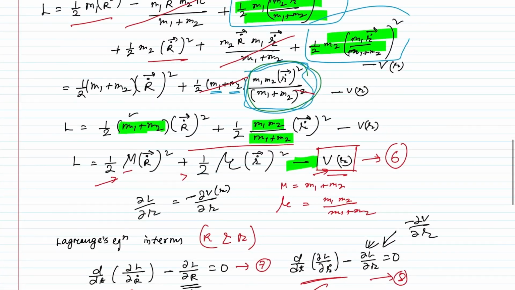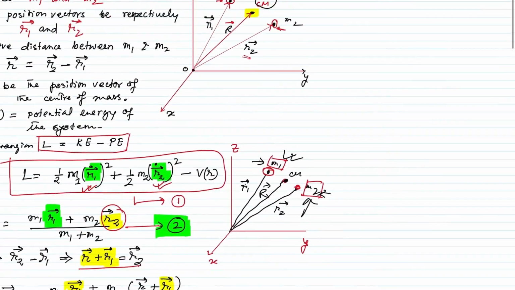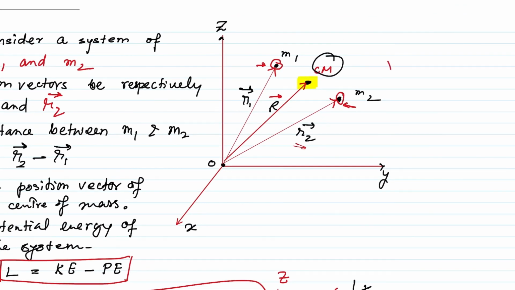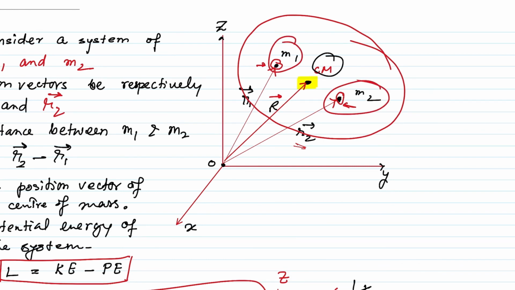Now let me go to the diagram here. In this system, the motion of these two particles doesn't affect the center of mass. That means the motion of the center of mass is not affected by the system of these two particles, as it is moving with constant velocity.